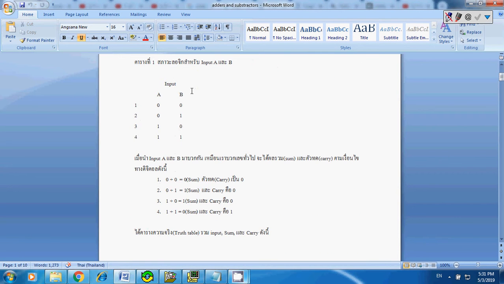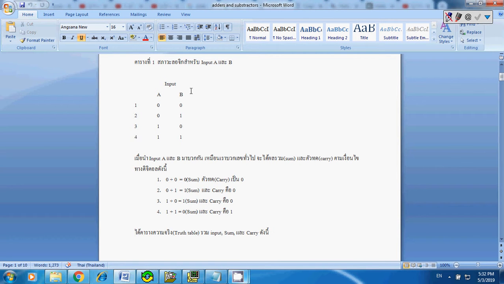What I'm going to talk about here is just the basic understanding, and then talk about how to create the truth table, and then apply Karnaugh Map to minimize terms, the output terms that depend on inputs.